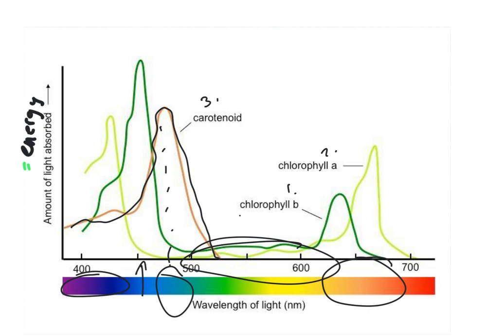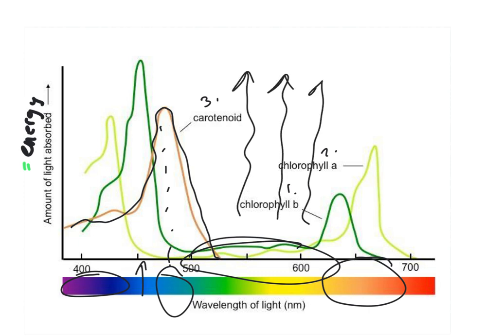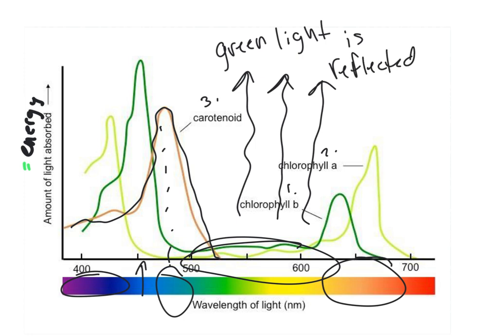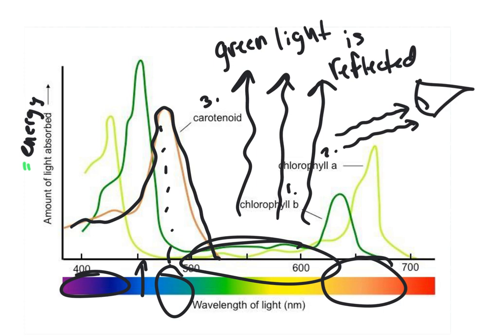The reason is that because of the pigment of chlorophyll, green light is reflected. And since the green light is reflected, this is why we see these plants as green, because they are reflecting that green light. Chloroplasts appear green to us because they are absorbing purple, blues, oranges, and reds.